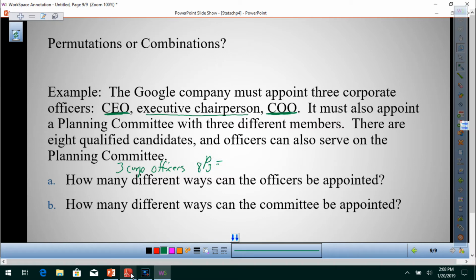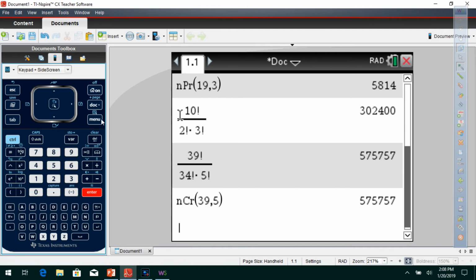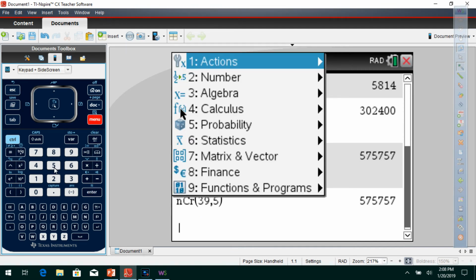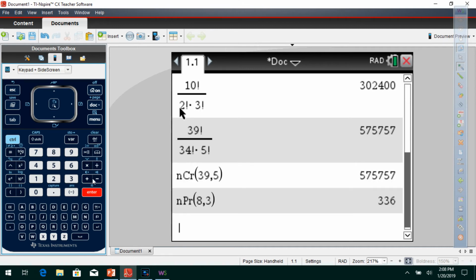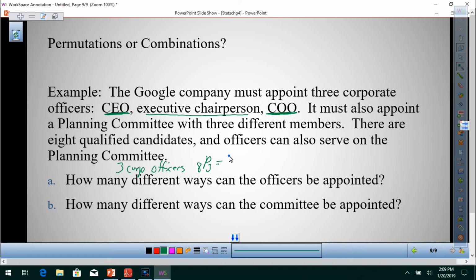Okay, let's try that in our calculator. Menu 5, 2, 8, comma 3, and that's 336 ways.